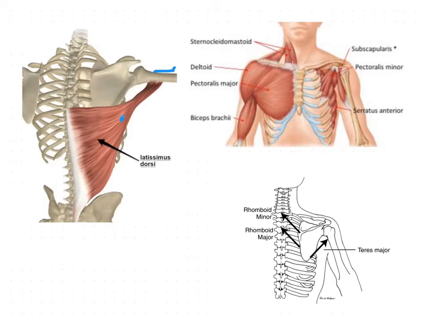The muscles of elevation, as we discussed in the earlier sessions, are the deltoid, supraspinatus, infraspinatus, teres minor and subscapularis, upper and lower trapezius, and the serratus anterior. The integrated action of all these muscles helps in the elevation of the shoulder complex. Now in this session we are going to see the muscles of depression.